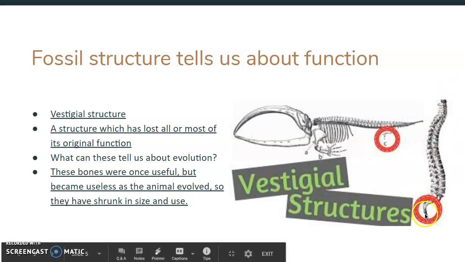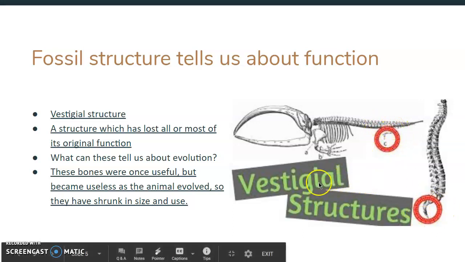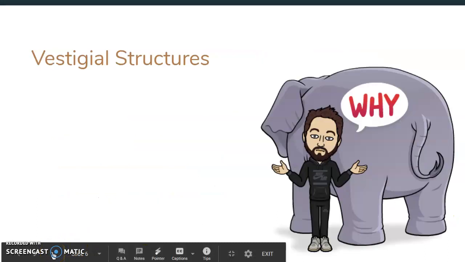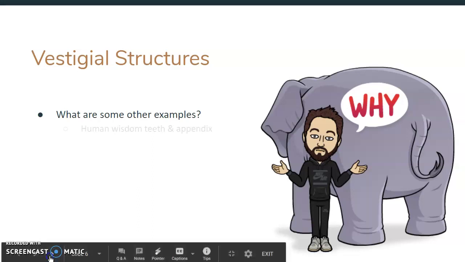We don't see a tail from the outside, but we have a tailbone. This circle right here is our tailbone. So that is evidence that at one point whales had legs and we had a tail. But since we have not found a use for those structures, they have shrunk and become almost useless.